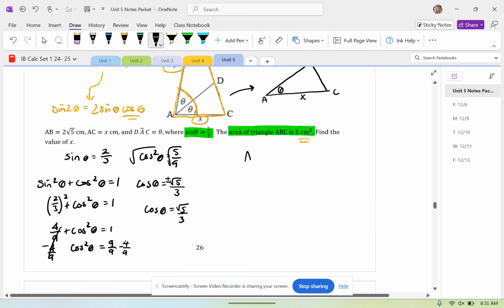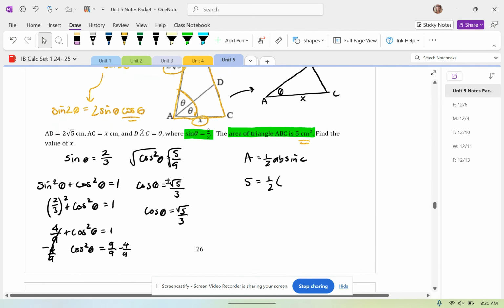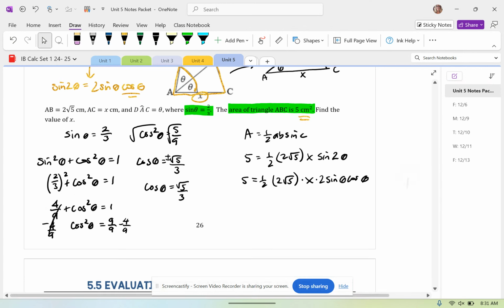So now I have area equals 1/2 AB sine of C. The area is given as 5. I have 1/2. The side that's next to me is 2 rad 5. B is x, and then the sine of C is going to be the sine of 2 theta. So let's rewrite that with our double angle formula, which is going to be 2 sine theta cosine theta.